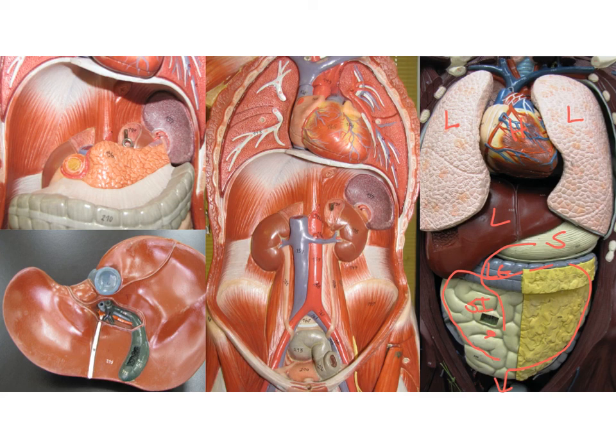If we look over here at this model, we have lungs here, we have the heart here. This structure right here is muscular, and that is the diaphragm. You can also see the diaphragm right there. And this is the muscle that separates the thoracic cavity from the abdominal cavity. So that's the diaphragm.